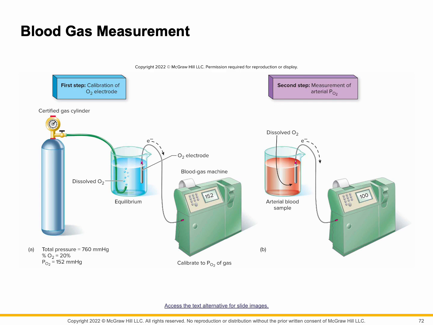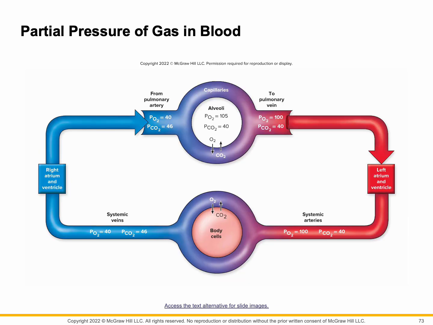The second step involves measurement of the arterial partial pressure of oxygen. So the partial pressure of the gases is an important parameter of efficient gas exchange, and the partial pressure of oxygen differs in arterial and venous blood. Arterial blood has more partial pressure of oxygen and less partial pressure of carbon dioxide, whereas the venous blood has more partial pressure of carbon dioxide and less partial pressure of oxygen.